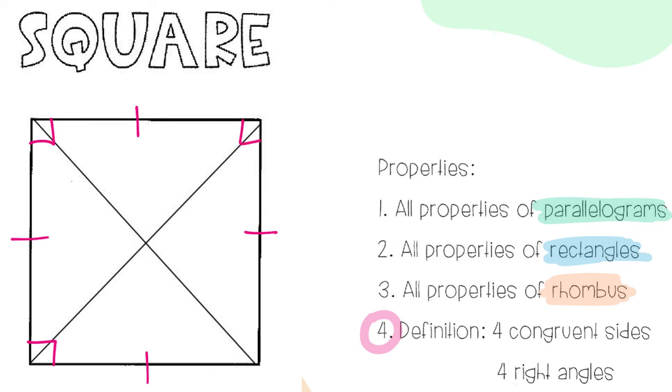Those 2 things, both of them must be true. If they are not both true, then you either have a rectangle or you have a rhombus. But if you know that both of them are true, that's when you have a square.